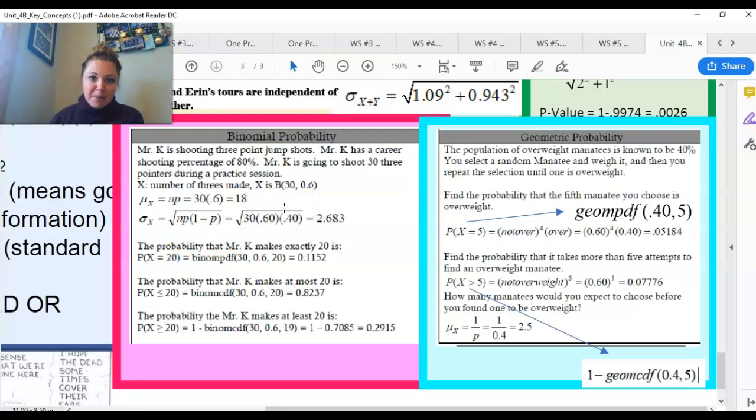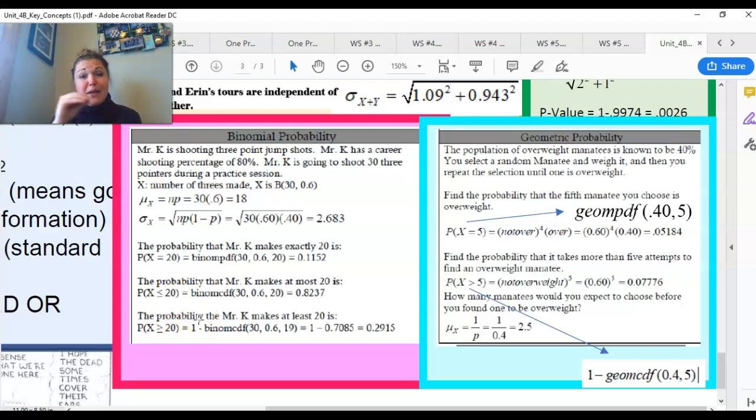Now, here's the fun part, finding those probabilities. Find the probability that Mr. K makes exactly 20 of those 30 free throws. Those are like jumping-for-joy problems. If you see an exactly on the test, you should feel very happy. Straightforward, that's a binomial PDF.